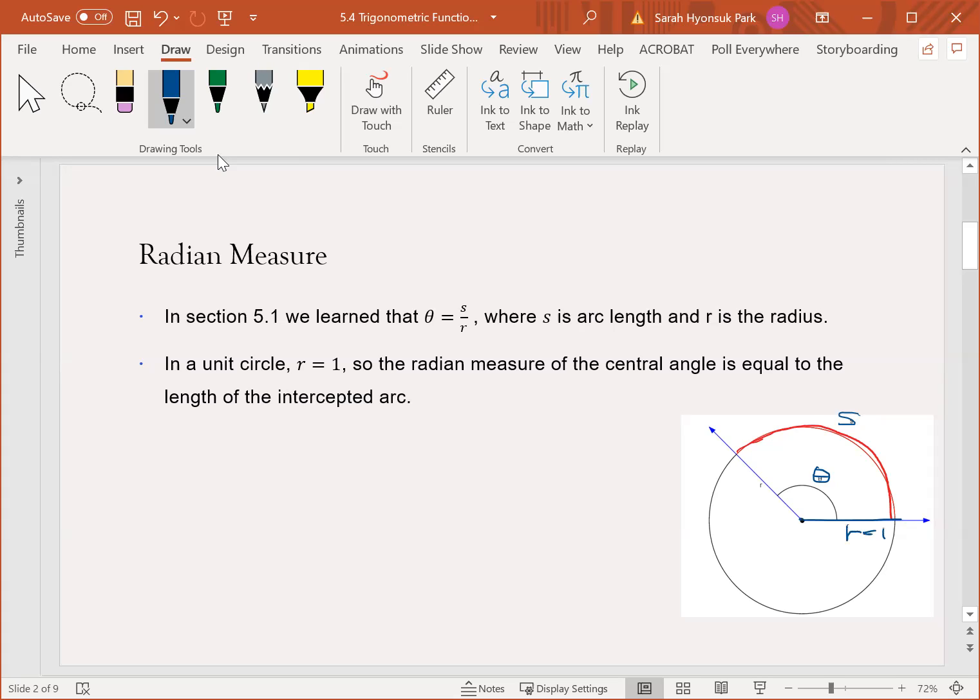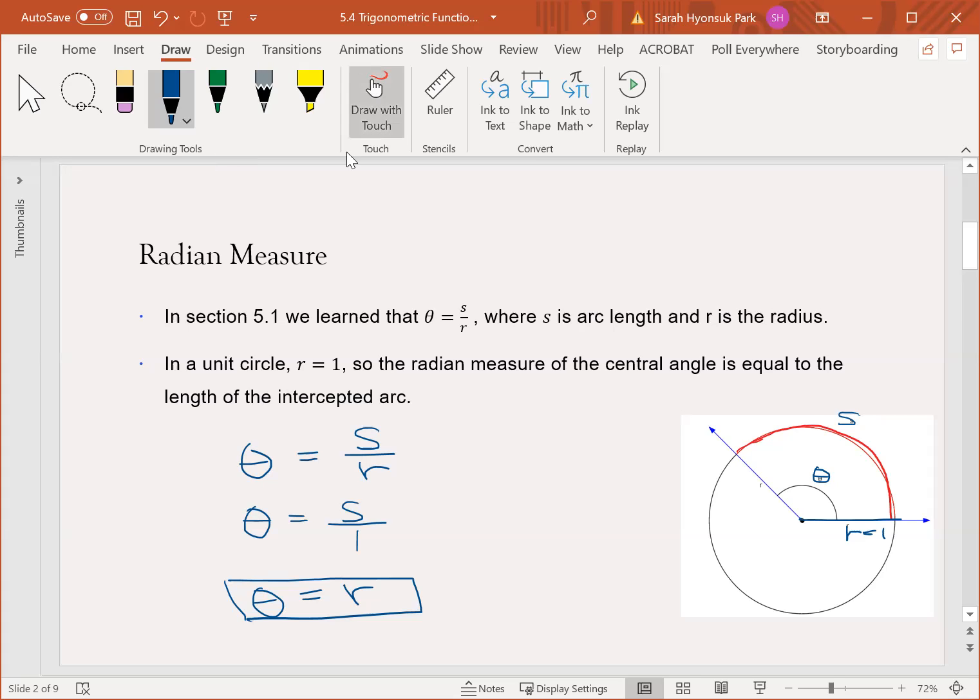So if we take the formula of the radian, S divided by R, and replace R with 1, we have theta is S over 1, so theta equals S. So in a unit circle, the radian measure of the central angle is equal to the length of the intercepted arc, which is the S. So this only applies to the unit circle.